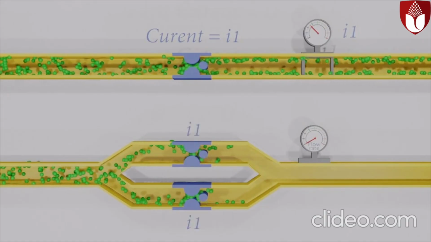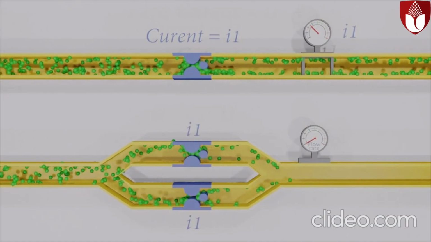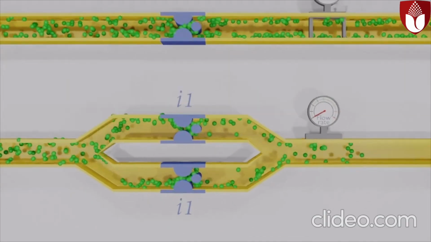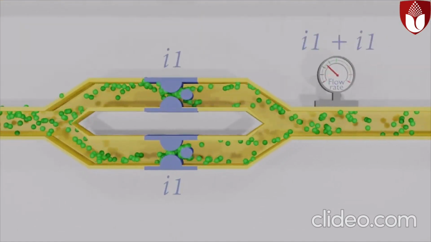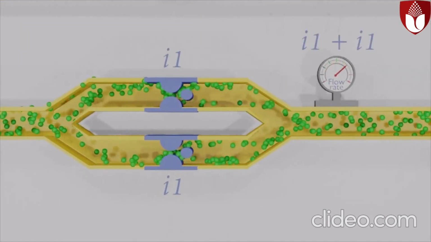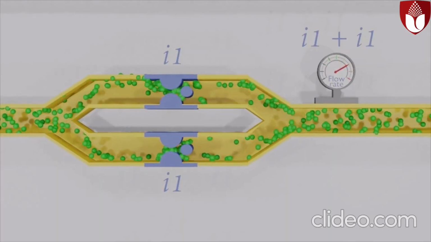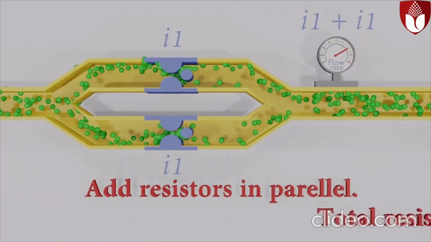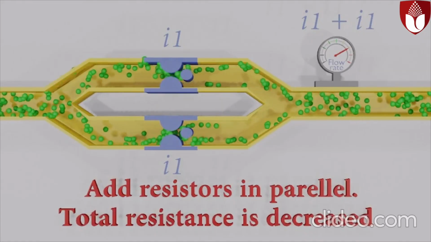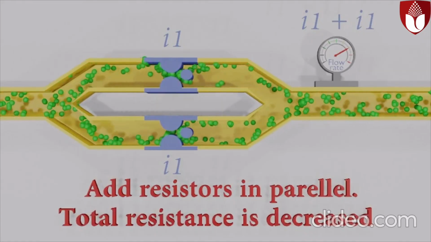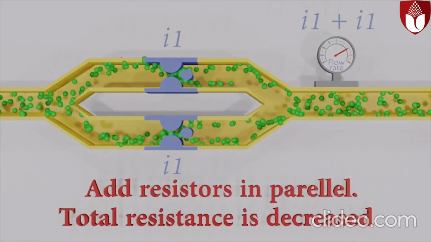Each resistor allows I1 current to go through it. Now the ammeter reading is equal to I1 plus I1, that is 2I1. You see, the current has increased. That means the total resistance has decreased. Using parallel resistors, we can reduce the resistance.